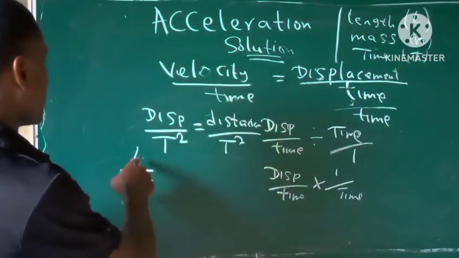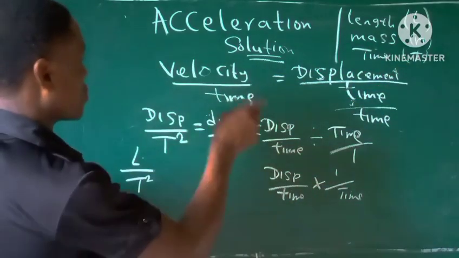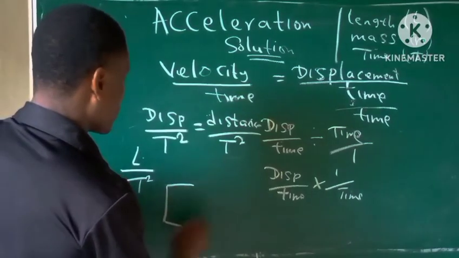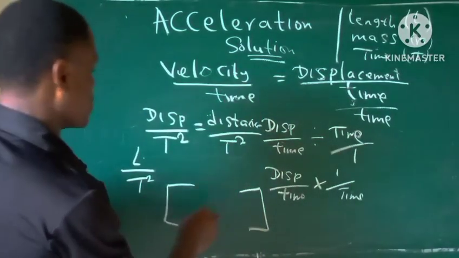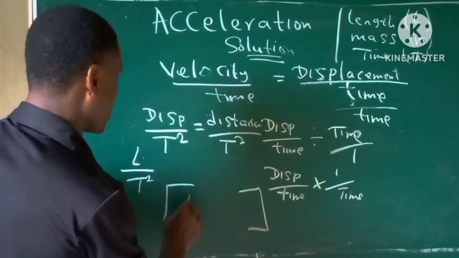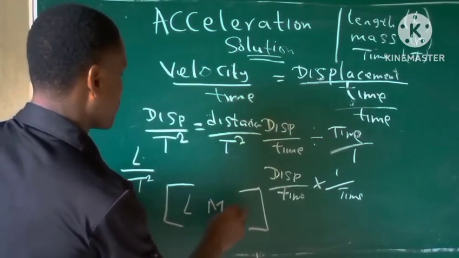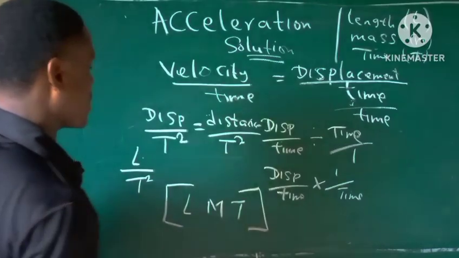We have distance here, right? In the place of distance, either distance or displacement, we can change it to length. So we have L all over T square. Let's draw a bracket, open and close, and put these 3 physical quantities, which are L, M, and T.